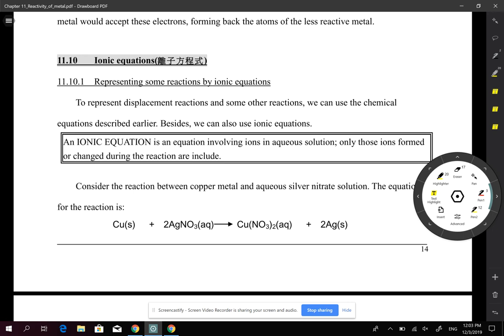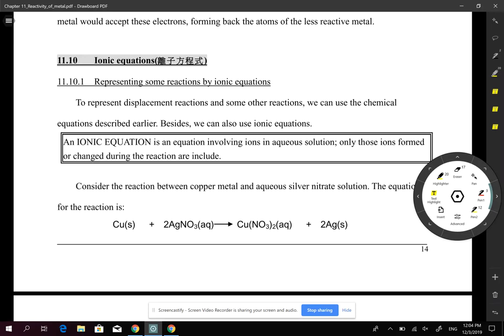In Chinese, spectator 旁觀。即係唔關事嘅，即係完全冇反應。Yes, it does not change. 旁觀的例子。So why are some ions spectators?